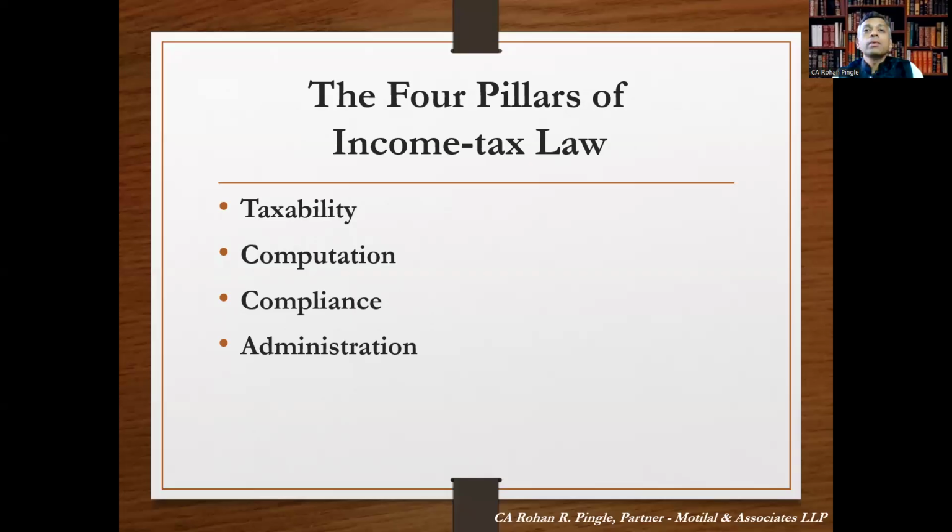The second pillar is computation. Once income is taxable, the law explains how to compute it. This includes valuation rules, deductions, set off, carry forward of losses, depreciation, and numerous conceptual adjustments. Then comes compliance. This covers obligations such as payment of advance tax, tax deduction at source, filing of returns, maintenance of records, and reporting requirements. The fourth pillar is administration, which includes assessment, reassessment, recovery, penalties, prosecution, revision, and appeals.